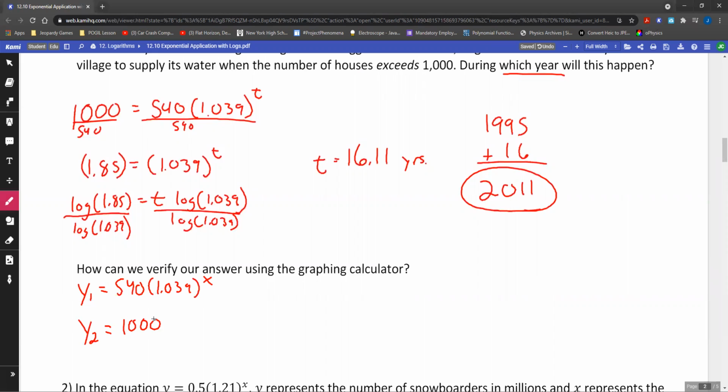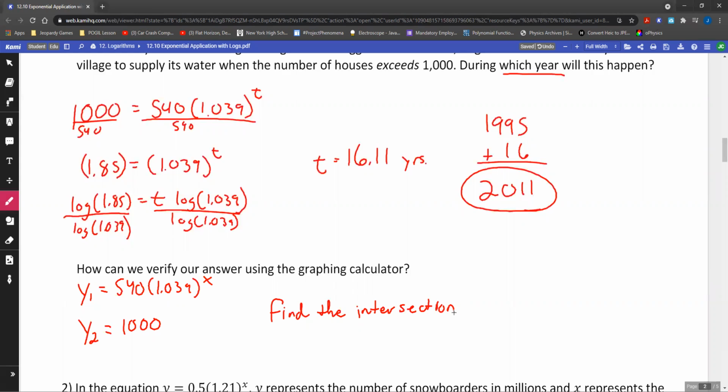And then essentially what we would do is find the intersection. That's pretty much the main way that you would do that.